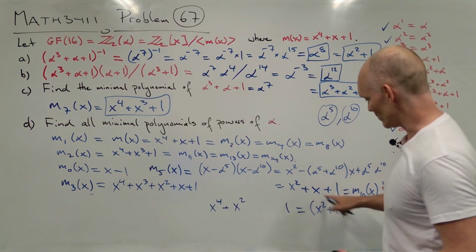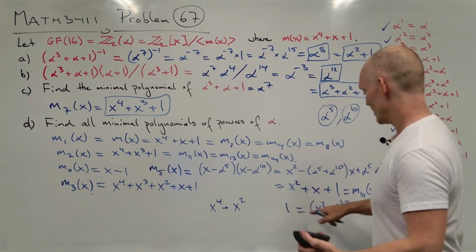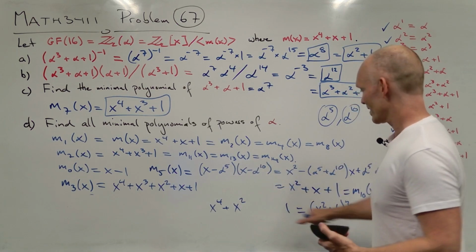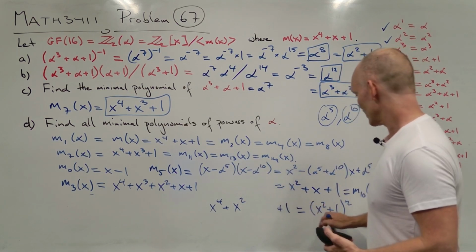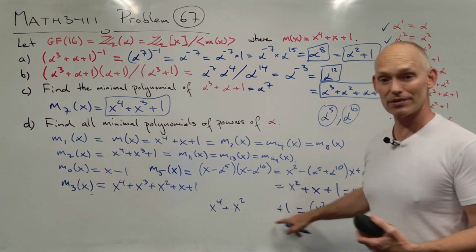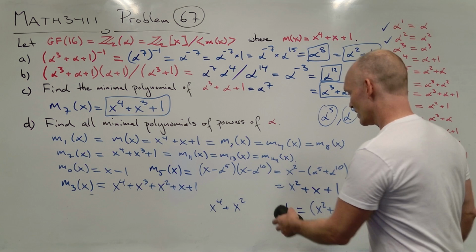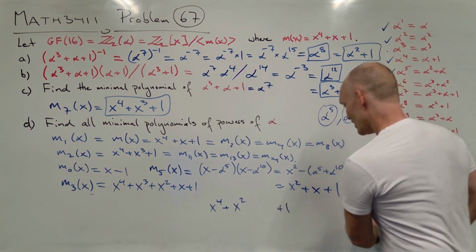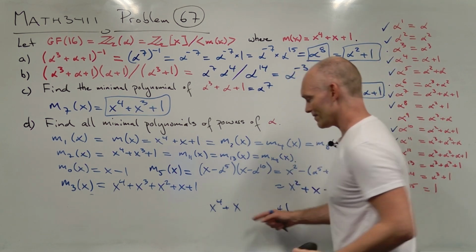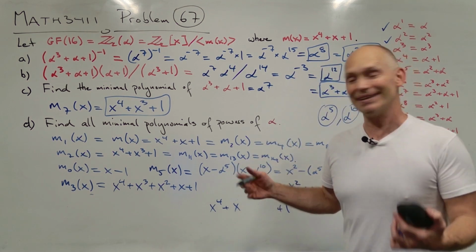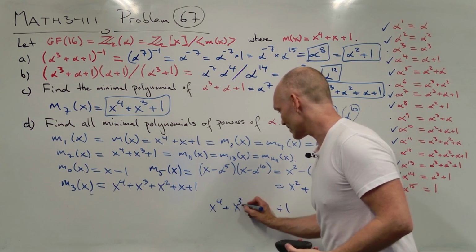So if you expand that, you get x to the power of 4 plus 2x squared, but 2 is 0 mod 2, and then you have the plus 1 term there. So this polynomial here, where we've just got the single term in the middle, is not actually irreducible, it's reducible. So we don't consider that. And the other option where we just have one of these 3 terms is this one here.